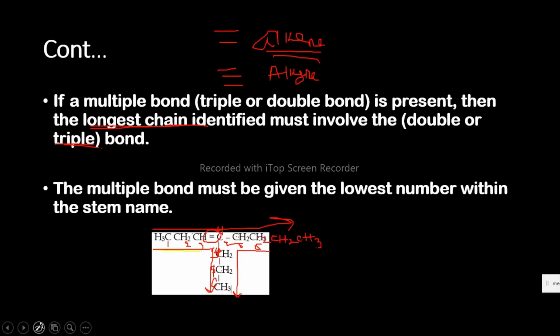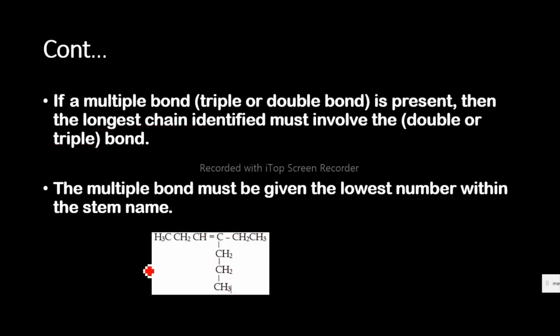So let's see how we can name this together. We are going to take this as our parent chain. This one becomes carbon 1, this one becomes carbon 2, 3, 4, 5, 6, and 7. So this will be our parent chain.